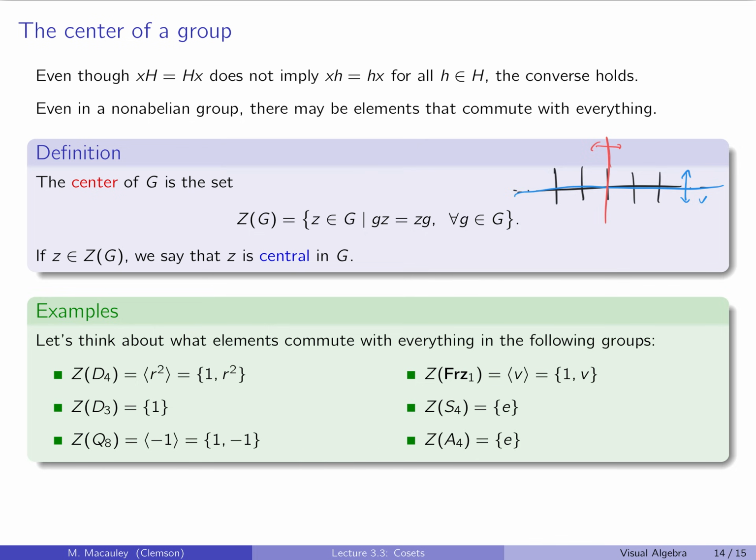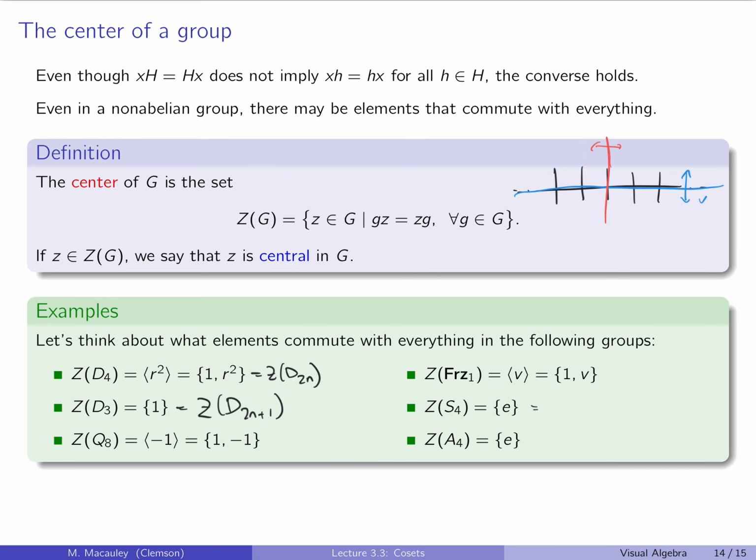So these generalize. The center of a dihedral group D2n, the symmetries of an n-gon where n is even, is going to be the same. And similarly, if we have a dihedral group Dn where n is odd, we'll also get a trivial center.